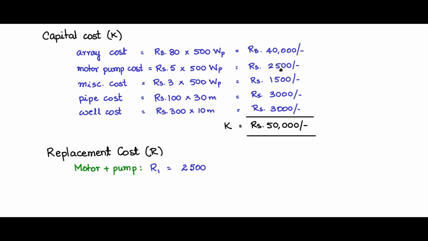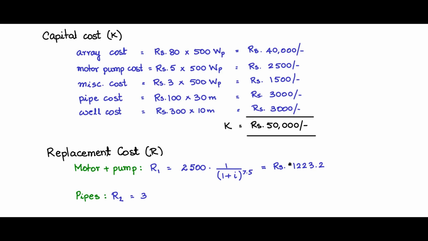We should assume inflation rate F is equal to 0. So 2,500 into 1 by 1 plus I to the power of 7.5 will be the present worth. So whatever 2,500 rupees you are going to put at 7.5th year, present worth, reflect it to the present, and you will get rupees 1223.2.